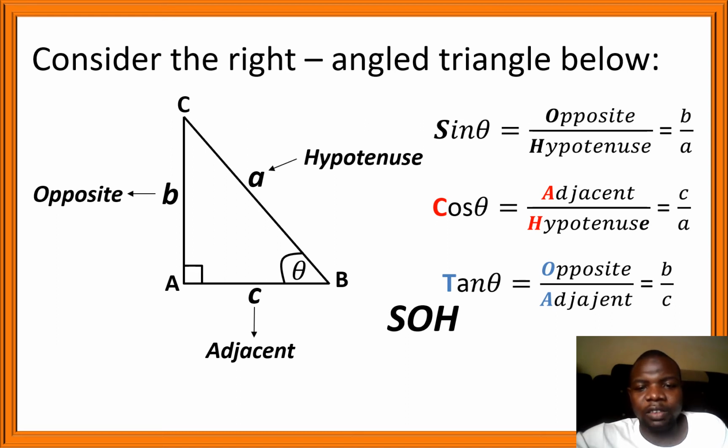Then for the first letter in cos, which is C, first letter in adjacent, which is A, and first letter in hypotenuse, which is H, gives us CAH. Then for the first letter in tan, which is T, first letter in opposite, which is O, and first letter in adjacent, which is A, will give us TOA. When we combine the three, we have SOH CAH TOA, which we can easily use to remember the three trigonometry ratios.